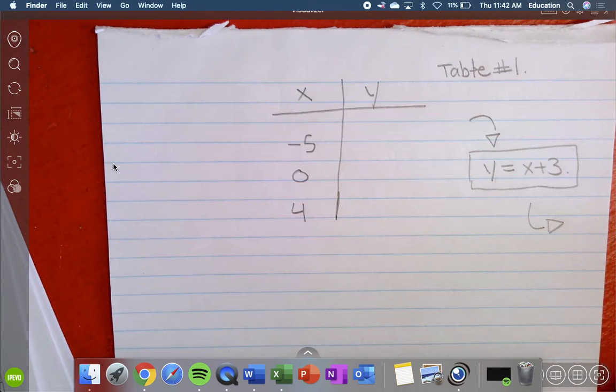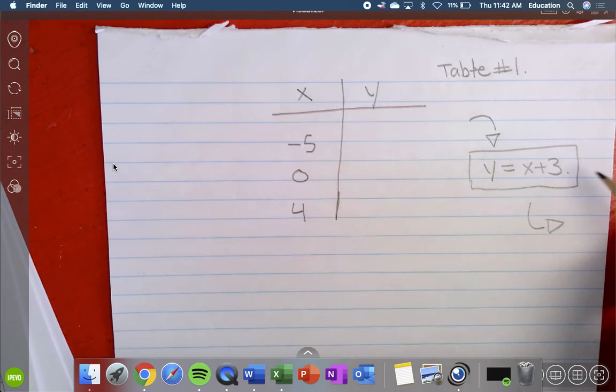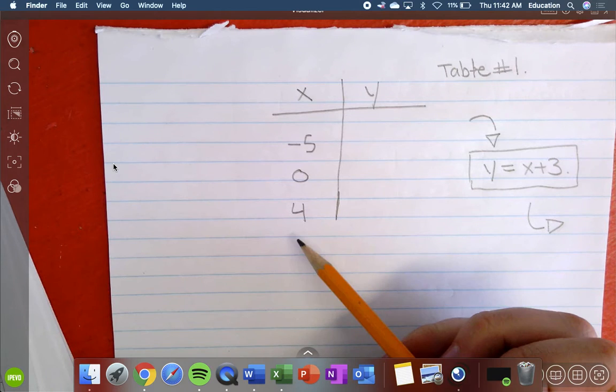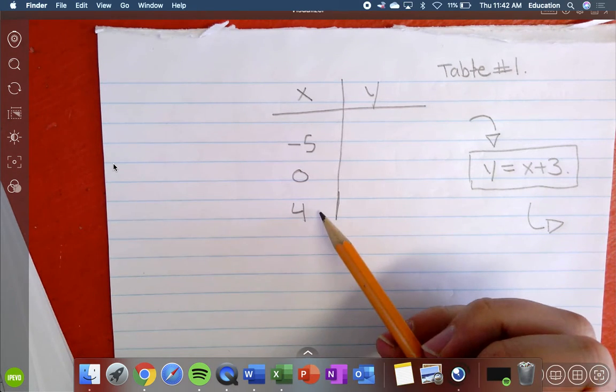Just like a real machine, we put something in, the machine does something, and it comes out. Does that make sense? So here, what we put in are our x's. So let's start with 4.